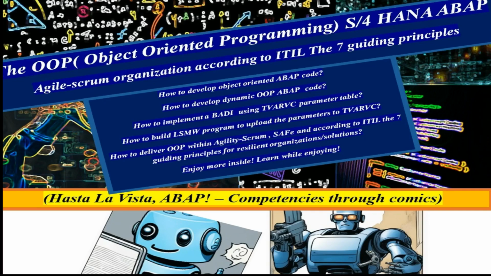We are going to gain competences of building object-oriented ABAP code and dynamic object-oriented ABAP, supporting the SAFe Scrum Agile methodology and approach according to the ITIL, the 7 guiding principles for resilient organizations and solutions. Till part 2. Hasta la vista.